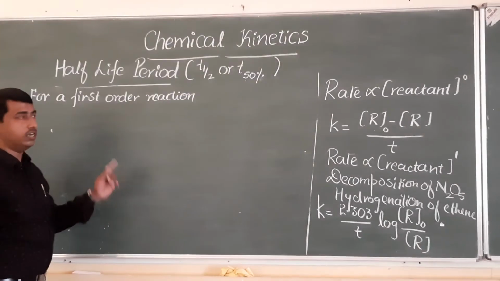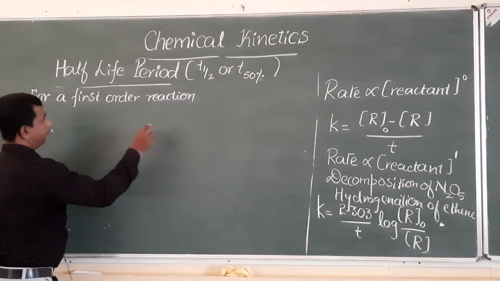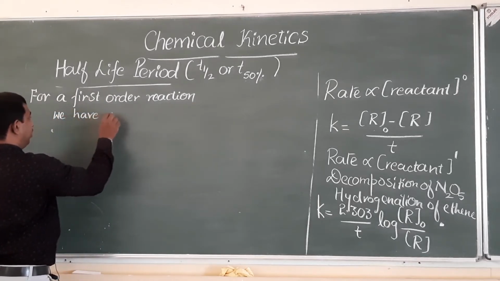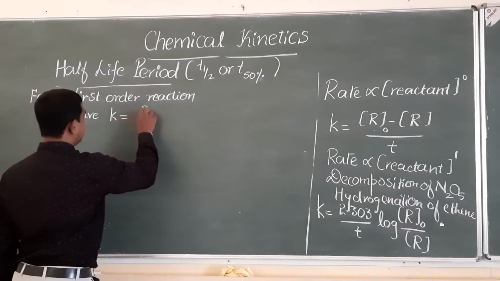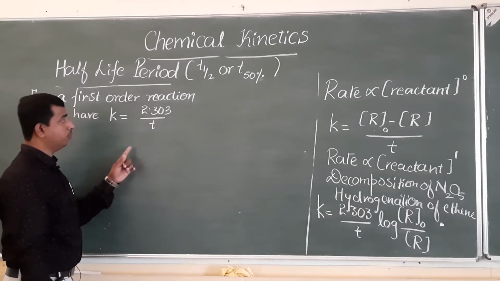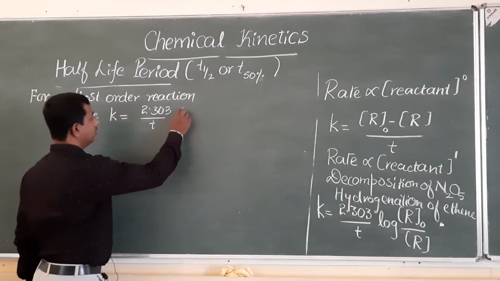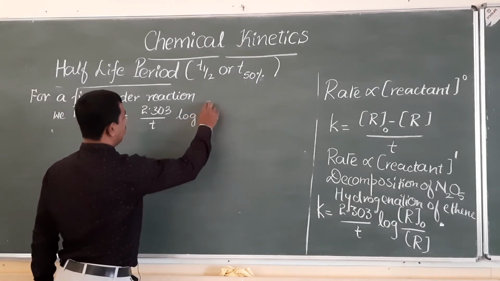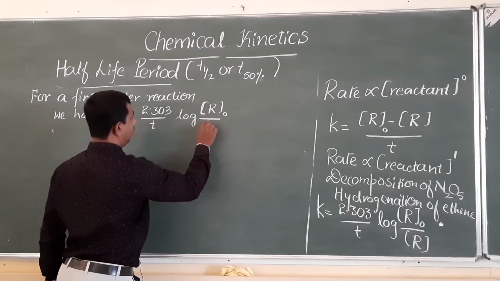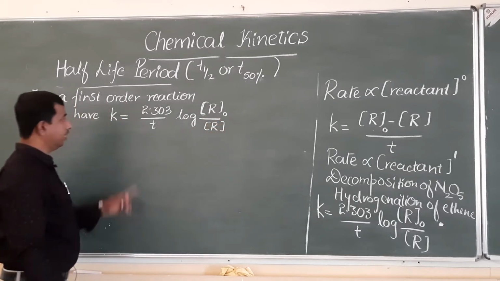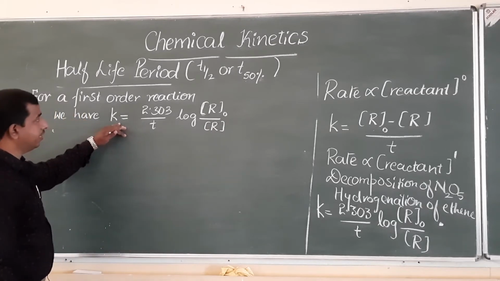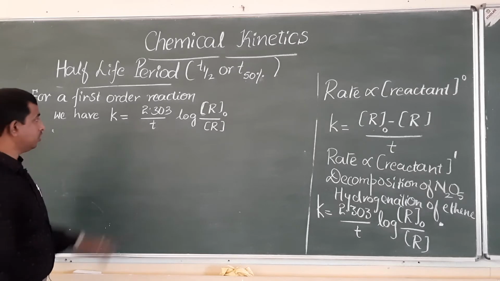For a first order reaction, we have K equal to 2.303 by T log R naught by R. So this is the integrated rate equation for a first order reaction.